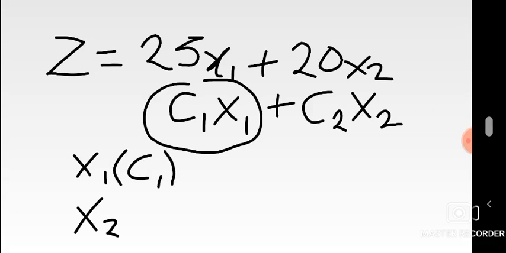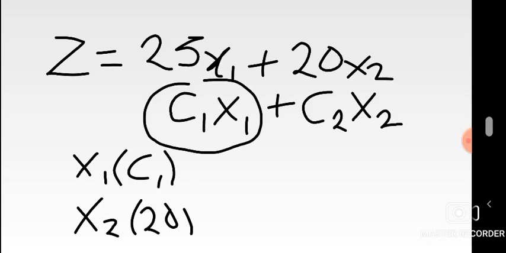Then when we go below, x2 is there. You look at the coefficient in the objective function. Which coefficient was with x2? Focusing on the objective function, it was 20. That's the technique we follow. You start by solving them one by one. You say, for C1, what would be the ranges?